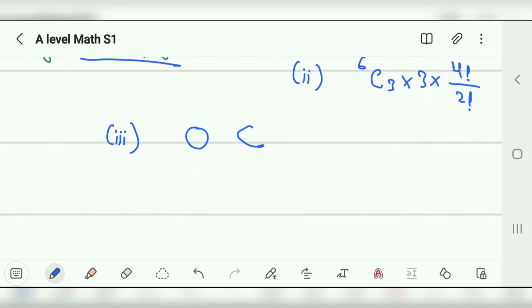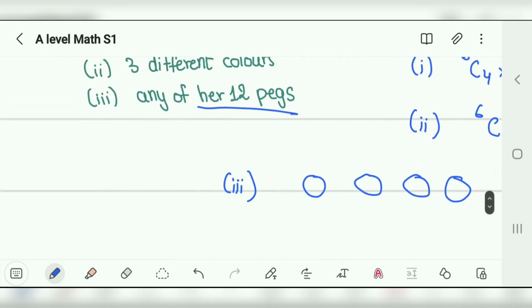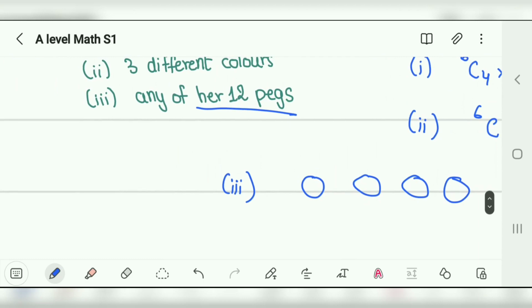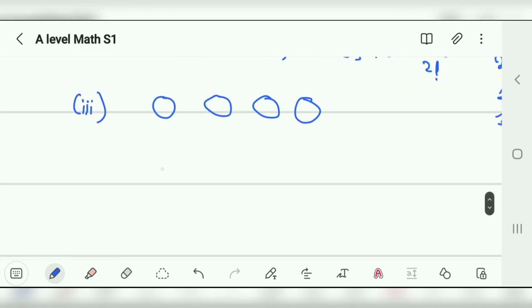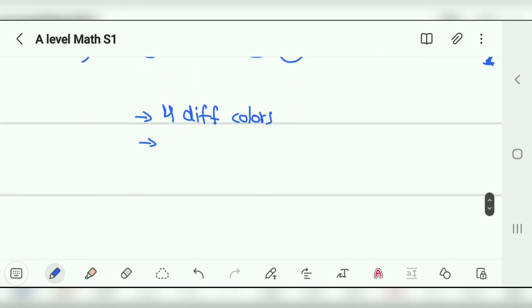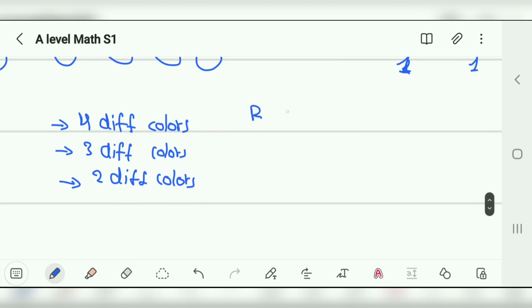We know that there are 4 holes to be filled, and it says any of our 12 bags, which means it could have a possibility of 4 different colors, 3 different colors, or 2 different colors, which means for example red, green, blue, yellow.